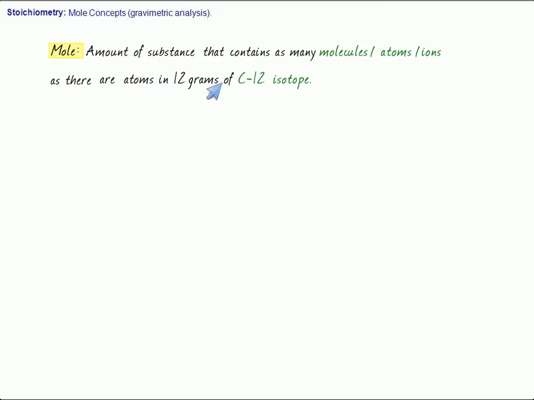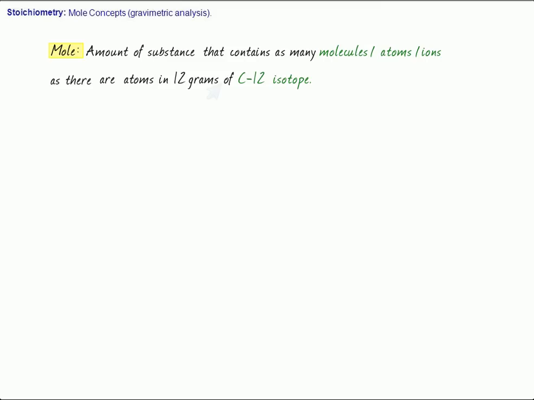This is a standard definition of a mole. That is, in 12 grams of a C12 isotope, whatever may be the number of atoms, that many atoms are present in a definite part of my compound or atom or molecule. That means basically we mean to say in 12 grams how many atoms are present. If we know it, that many atoms are present in a definite weight of my substance, and that substance is called 1 mole.